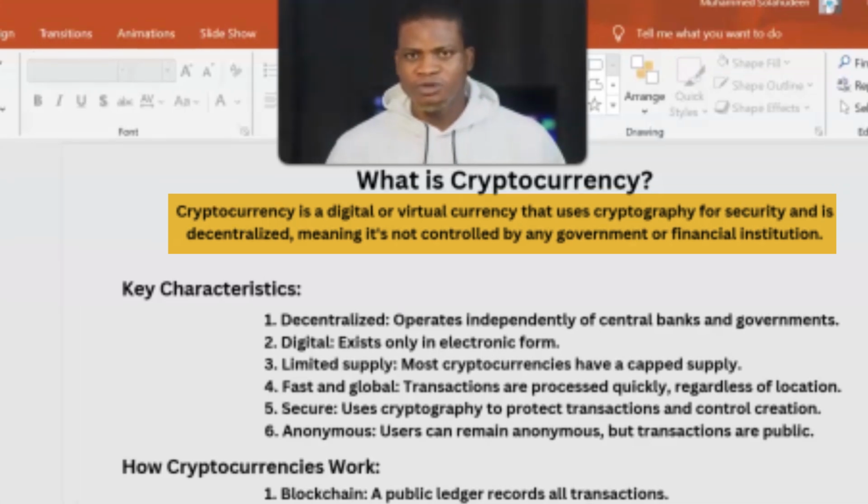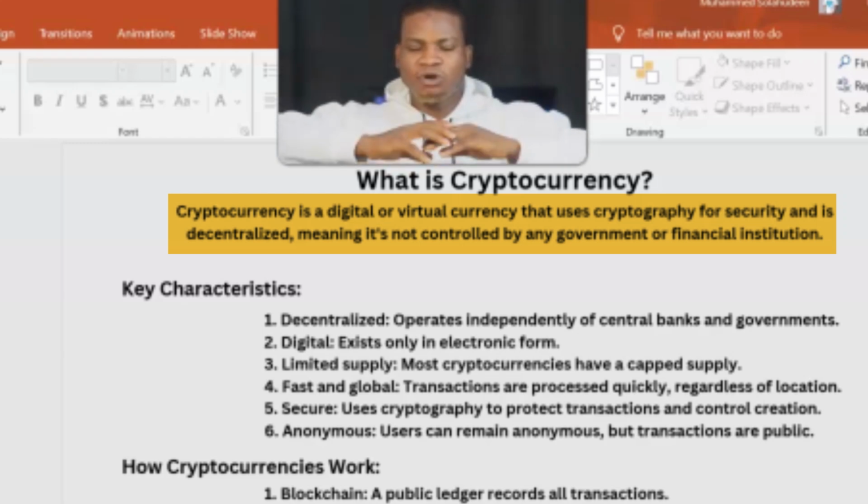So when we talk about the meaning of cryptocurrency, it's simply an asset. A cryptocurrency asset is an asset that uses cryptography as a means of confirming transactions and as a means of security, and it's decentralized, which means you cannot have access to it, but you can see what is happening in the network.